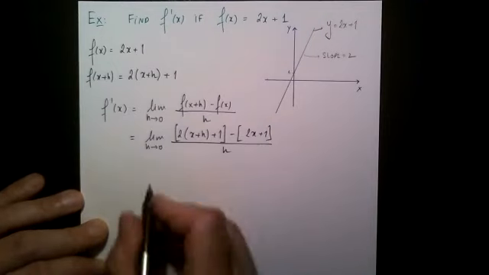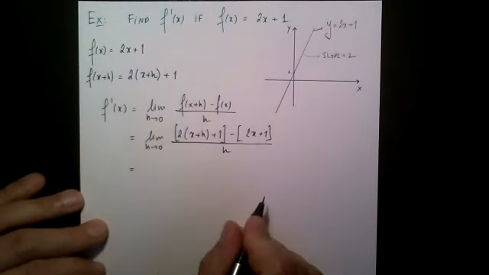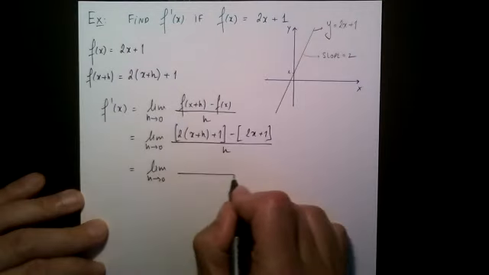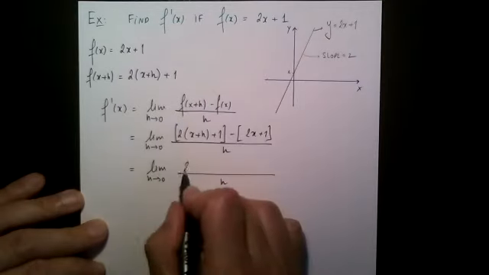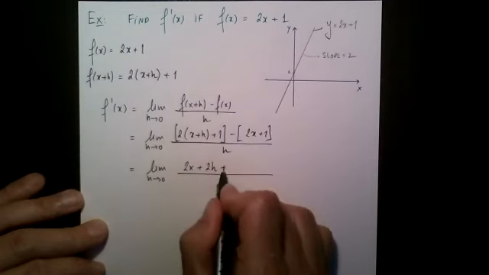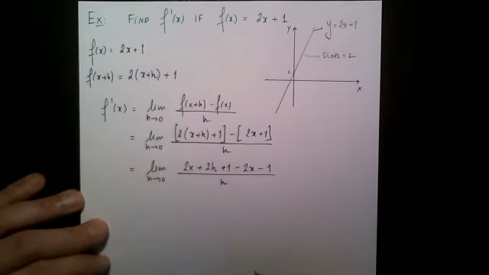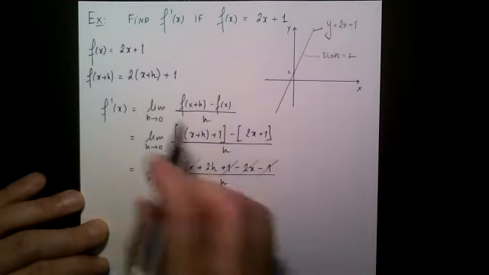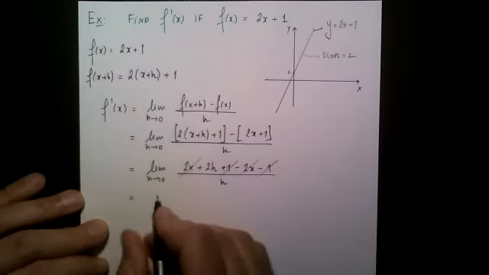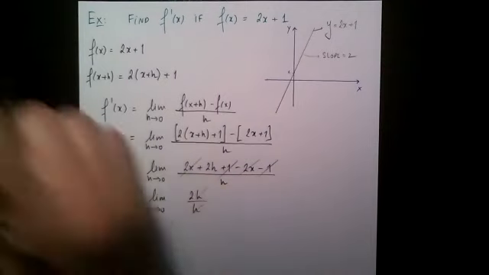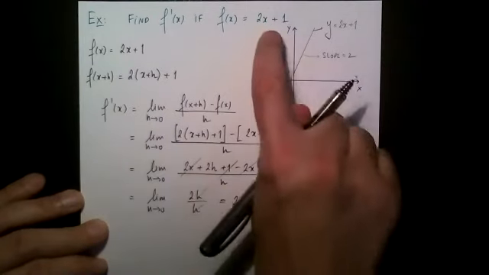We've done quite a few limits, so we should be comfortable with this. On the bottom I have h, and on top I have 2x plus 2h plus 1 minus 2x minus 1. 2x minus 2x is out, 1 minus 1 is out. So I have the limit as h approaches 0 of 2h over h. The h's are out, and I'm left with 2, just as expected.